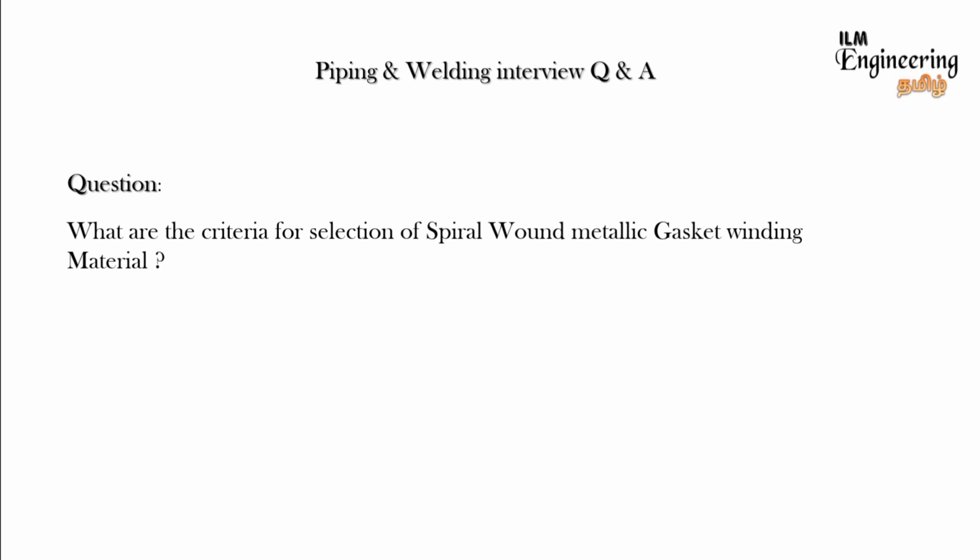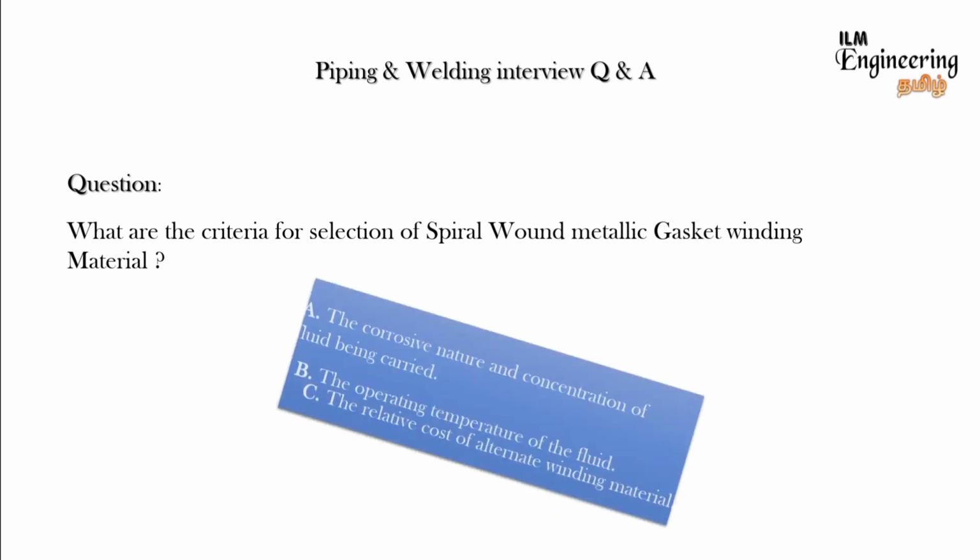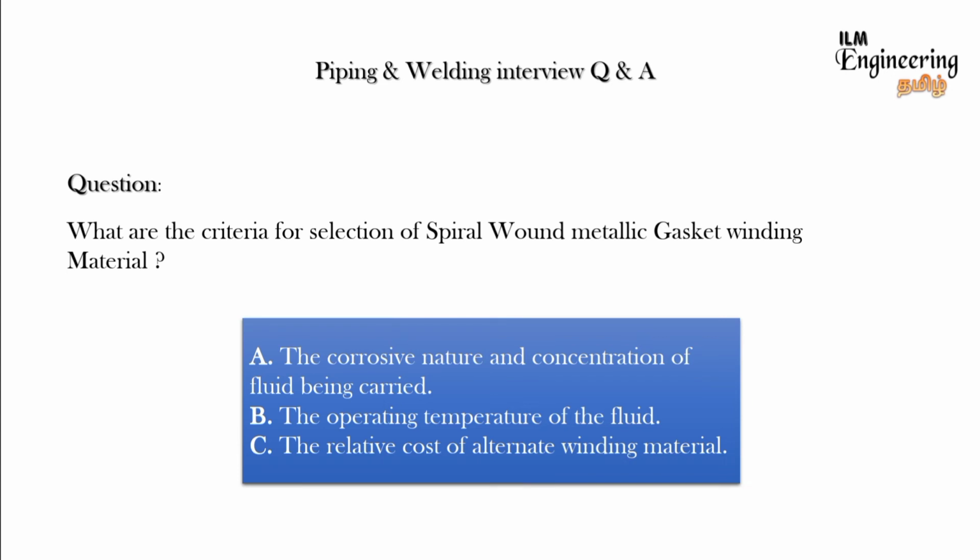What are the criteria for selection of spiral wound metallic gasket winding material? The corrosive nature and concentration of fluid being carried, the operation temperature of fluid, the relative cost of the alternative winding material.